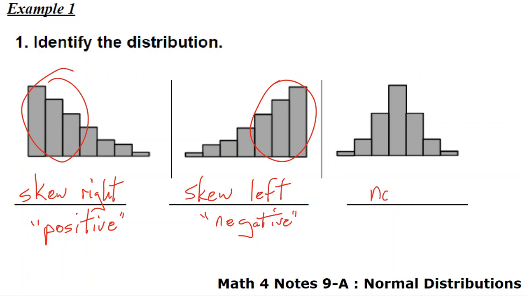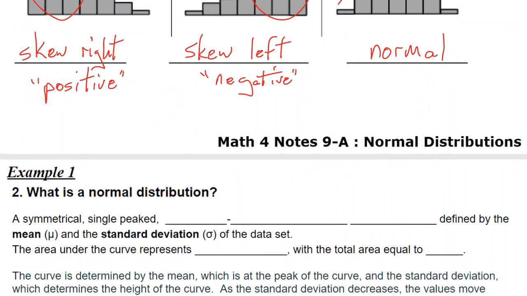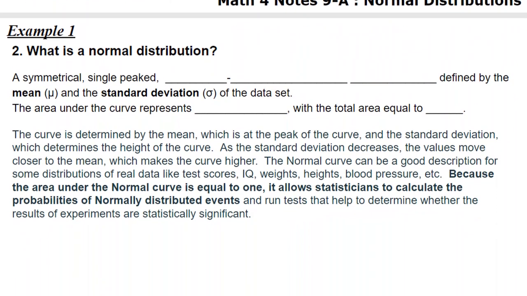And this one would be called a normal distribution. It has the nice bell-shaped curve. And bell-shaped curves happen in things like test scores and IQs and weights and heights and blood pressure and those kind of things. Things that you can measure like that.